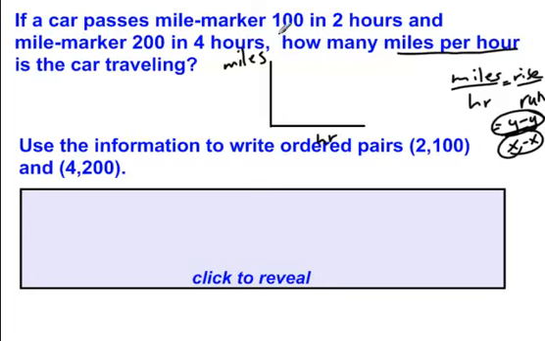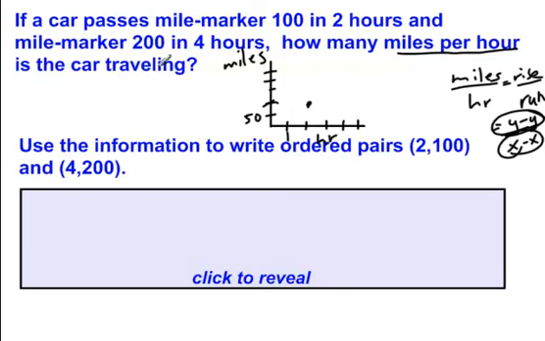So, mile marker 100 in 2 hours. So we know this is 1, 2, 3, 4, 5 hours, and we'll count this as 50, 100, 150, 200, and so forth. So we're counting by 50s, counting by hours. So I pass mile marker 100 in 2 hours. There's my point. 2 hours, and there's 100.